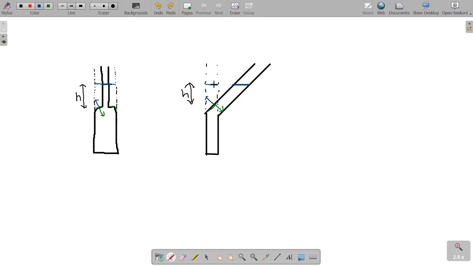This is already similar to if this container was a cylinder instead of having this slanted top, and from there we already know how to calculate the pressure at the base, which is h rho g. So this is Pascal's second law.